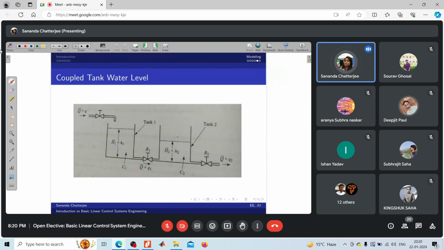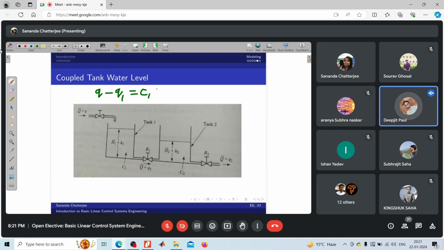Now if we try to write the differential equations involved to describe this system, for the first tank we will write small q minus q1. So q minus q1 will be the change in the first tank, which is C1 into dH1.